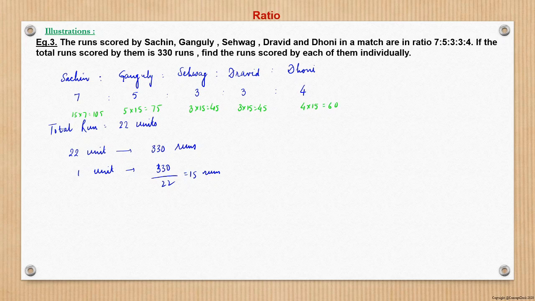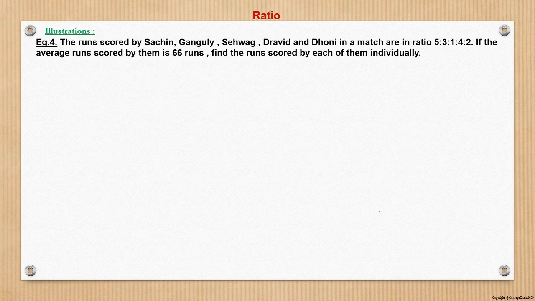So the individual scores are 105, 75, 45, 45, and 60 in the respective order. This is the answer. Right, this is a very simple problem. We did not write anything, just with mental calculation we can get to the answer.